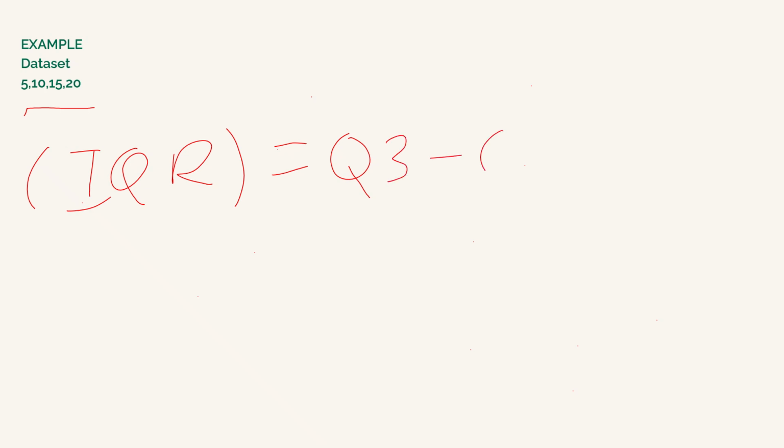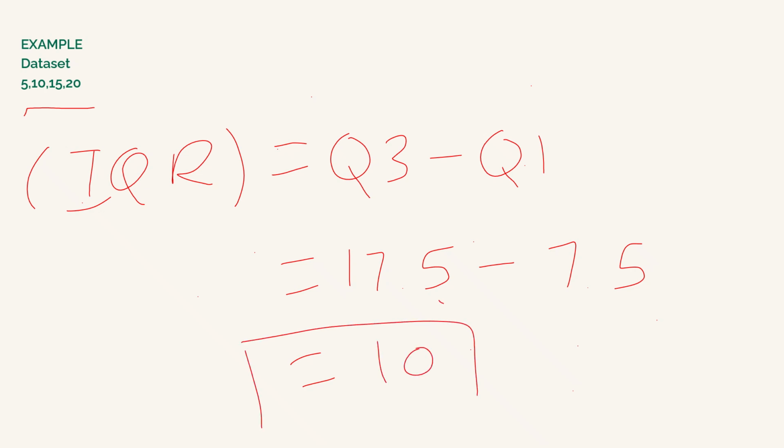Quartile 3 is 17.5 minus the first quartile, 7.5. Subtracting these two values we get 10, and this is the IQR answer. So we have performed all these operations on this data set. Thank you so much.